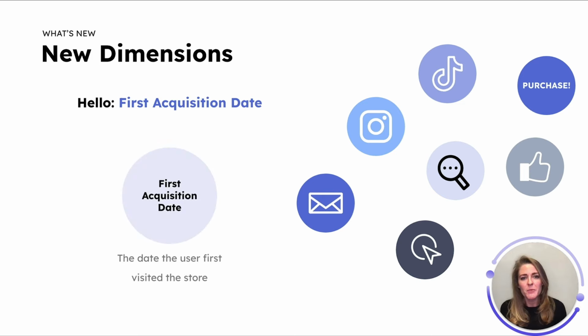So if a user were to complete a purchase 90 days after their first acquisition date, we now have some really great insights into our time to purchase and the channels that are driving that new purchase, rather than simply relying on last click attribution.